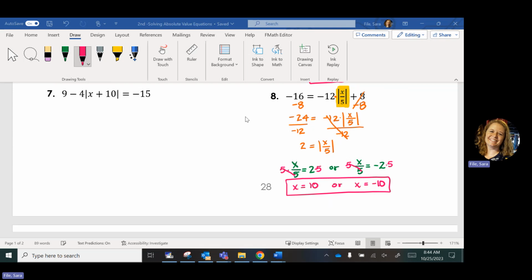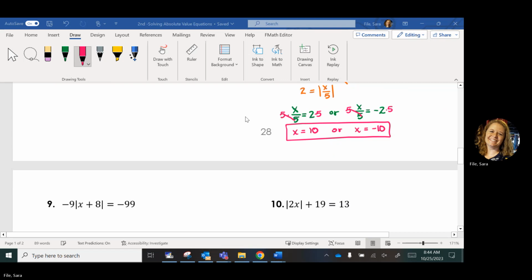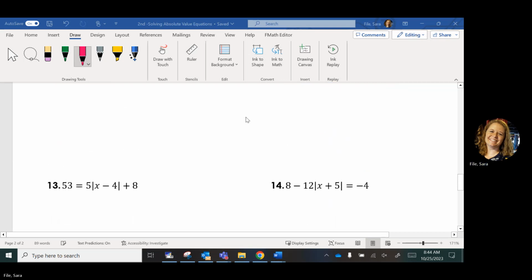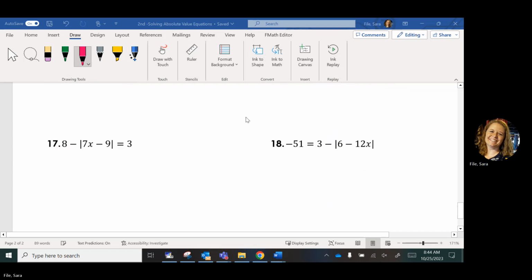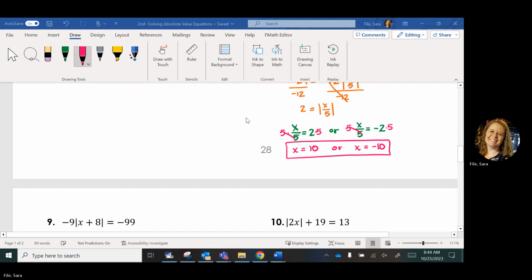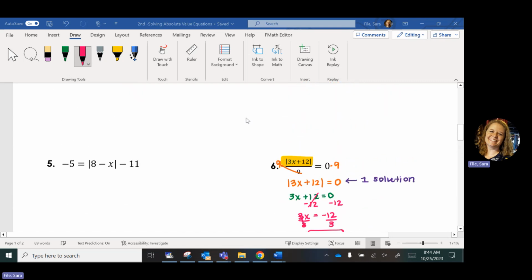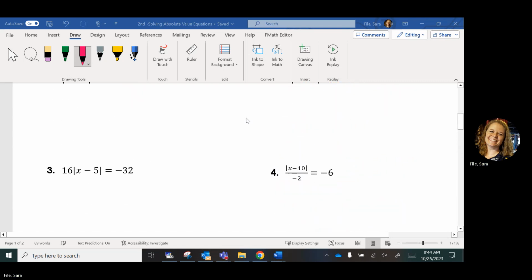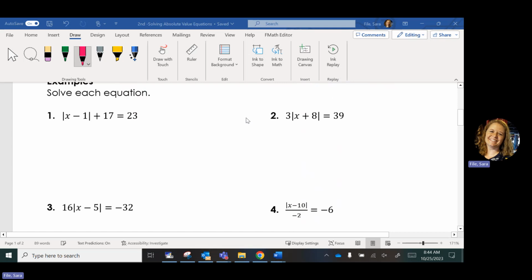All right, I'll do one more with y'all. Any requests? No? Okay. Yes, if you can get a fraction, I want you to leave it as a fraction. Don't write it as a decimal.